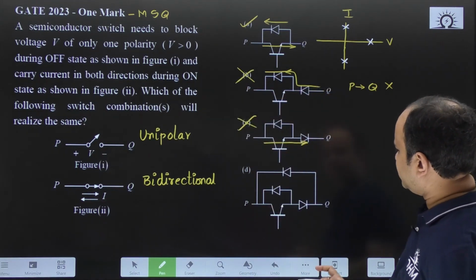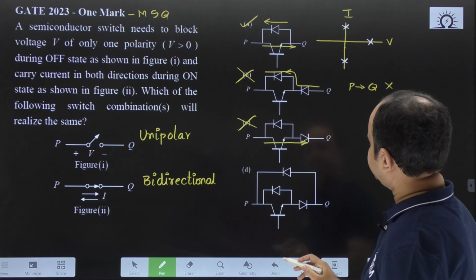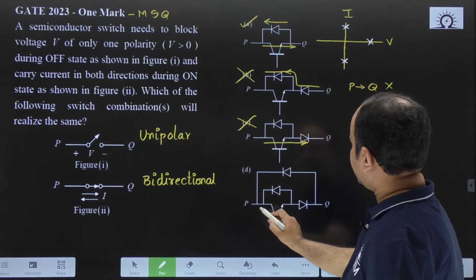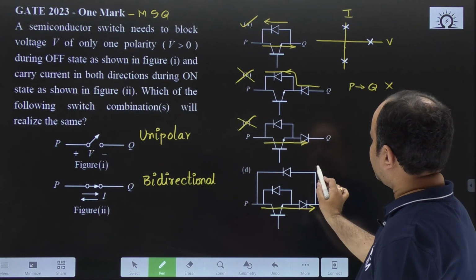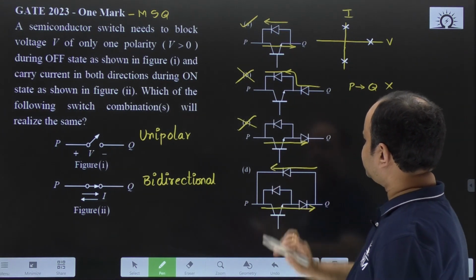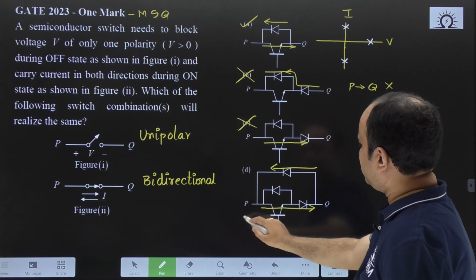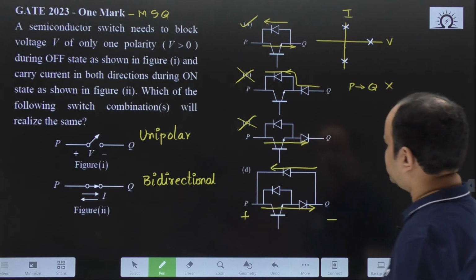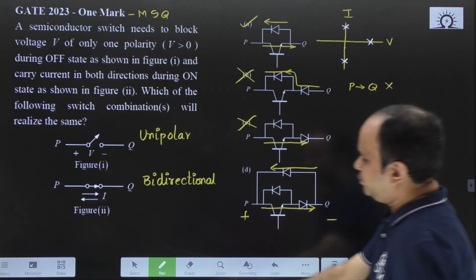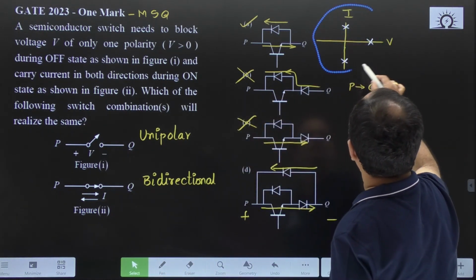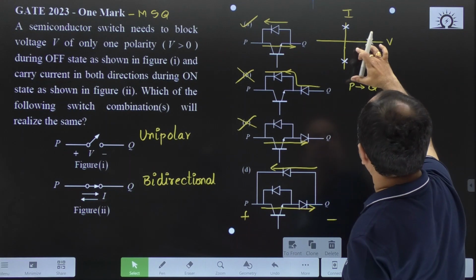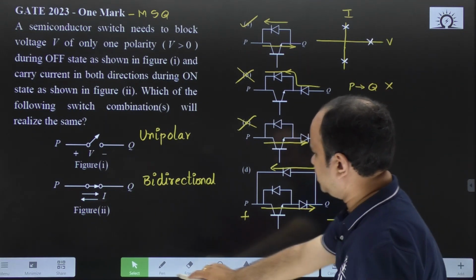Now, coming to this one, it can carry the current in this direction. This can carry the current in this direction as well. Overall switch can block voltage of positive and negative. Therefore, for this switch also these characteristics are applicable. Okay.